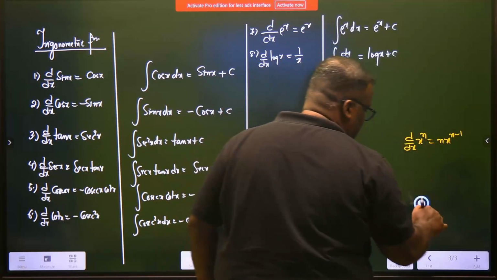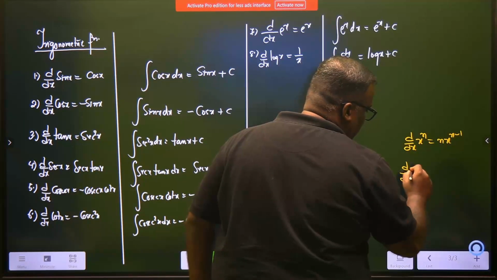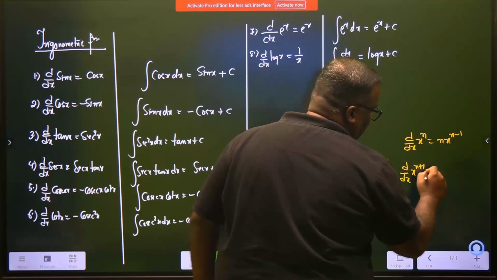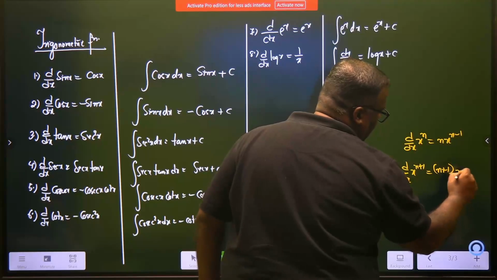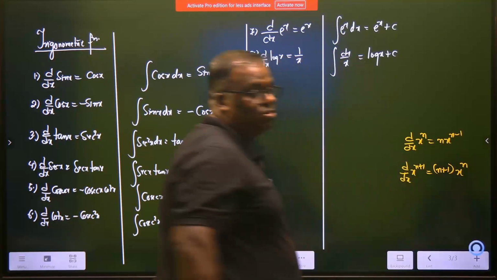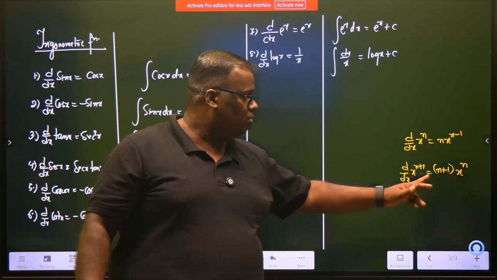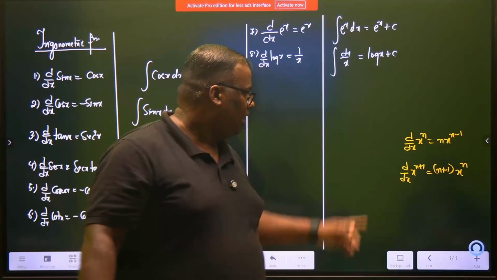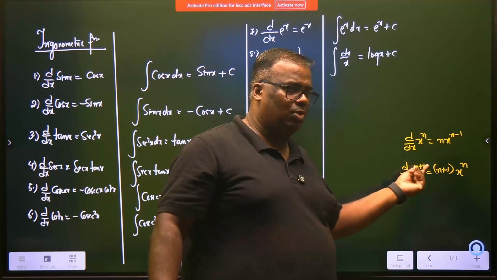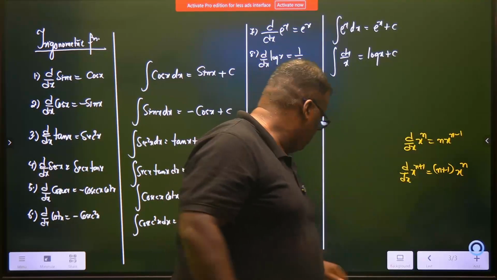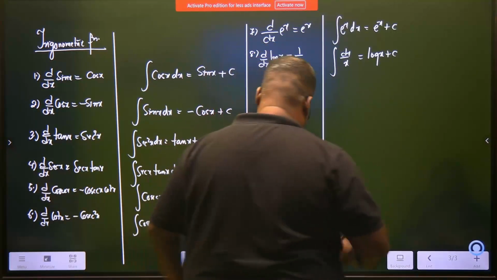So I change this as d/dx of x to the power n plus 1. Tell me children, what will the value be? n plus 1 into x to the power n plus 1 minus 1, which is n. Have we understood this?